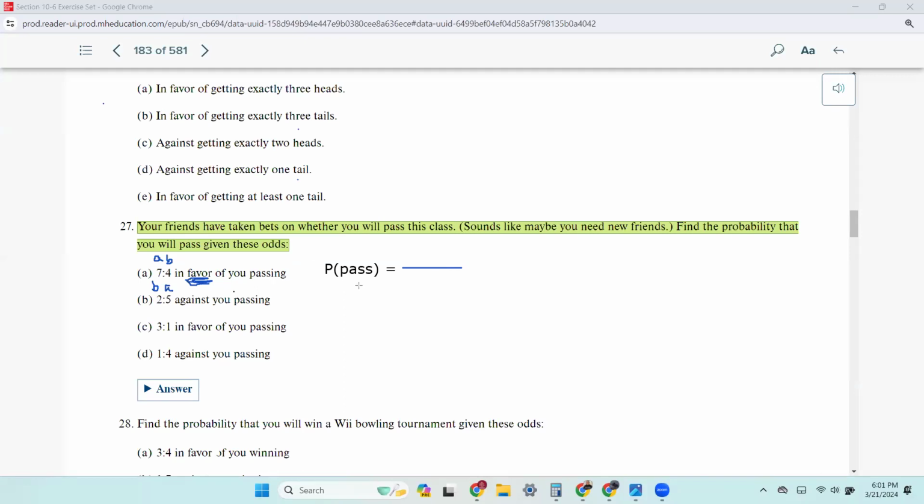All right, so I'm looking for success here. It's asking, find the probability you will pass the class. So with that, in the numerator, you're going to have A. If it were to say you will not pass, then there's a B going to go up there. And then down here, for both, would be A plus B, because the order doesn't matter.